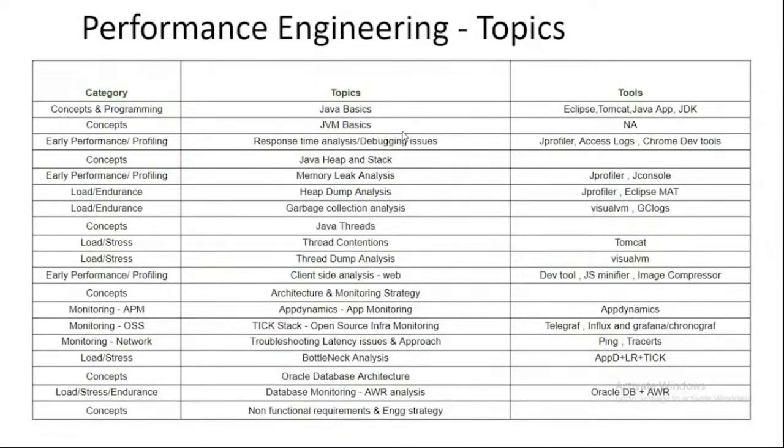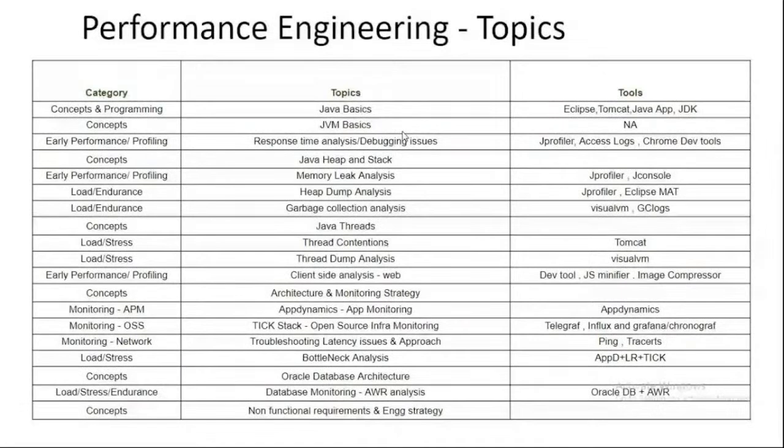And from a monitoring perspective, we'll look into two things. One is your commercial tool, AppDynamics, and second is an open source stack: Telegraf, InfluxDB, and Grafana. One is more for infrastructure monitoring, your Linux or Windows server-level monitoring. How can you automate it?